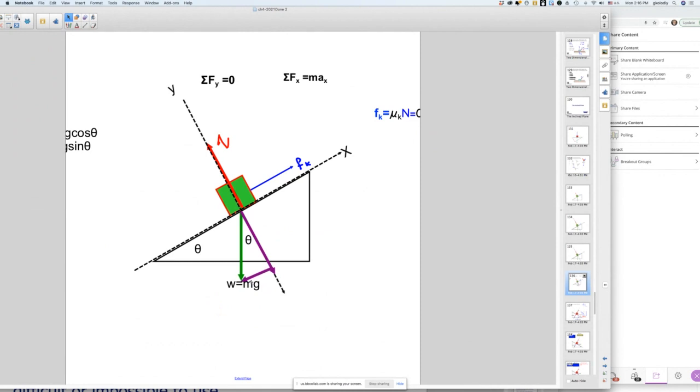Now, this x component, this distance here, is opposite this angle. So that's going to be mg sine of theta. The green one here, it's adjacent to theta, so that's going to be mg cosine theta.